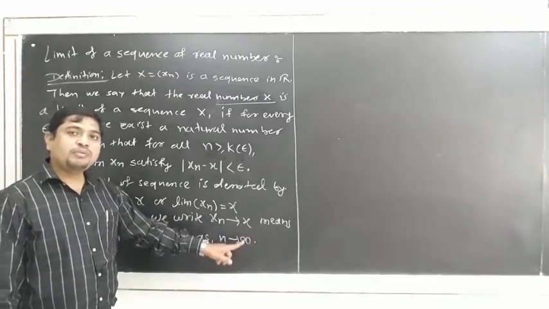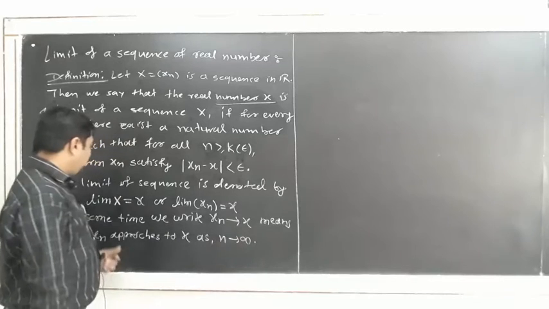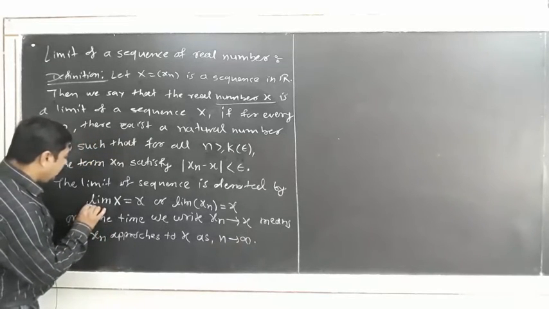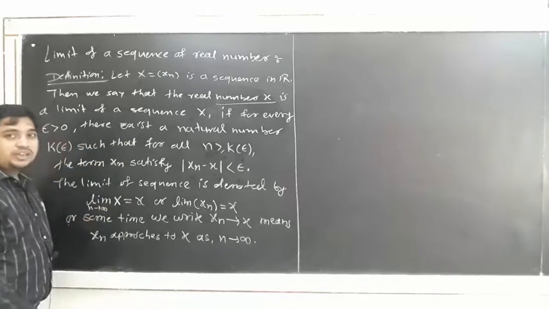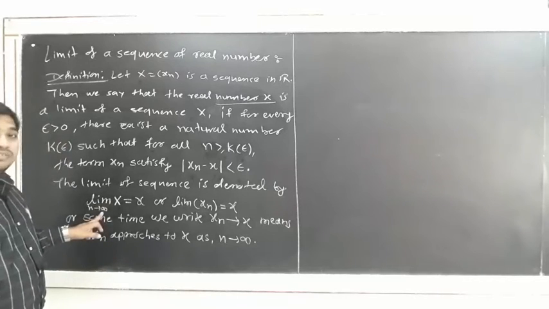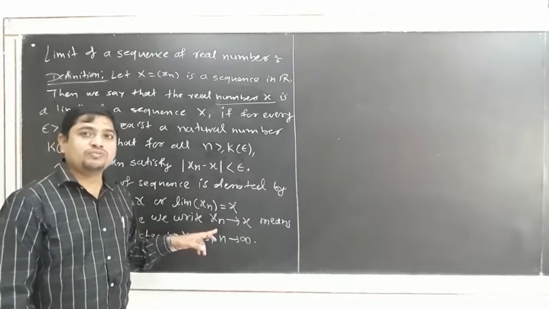Here, what is the limit? In the previous lectures we wrote n tends to infinity, but here it is not mentioned. Why is that? Because for a sequence the limit is always as n tends to infinity.